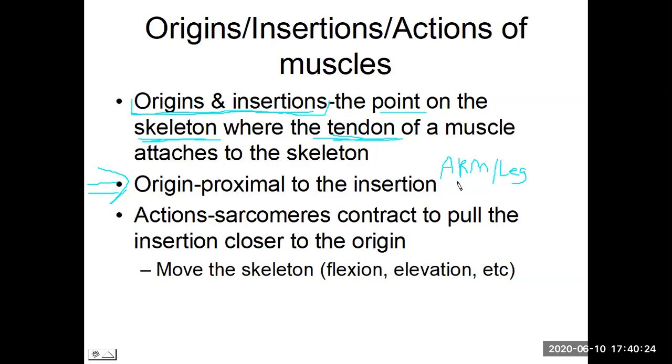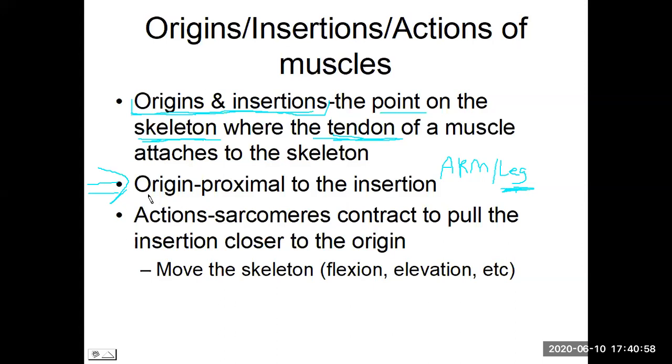So if we think about our leg, for example, think about your quadriceps muscle. The proximal tendon of the quadriceps muscle, this actually connects to your pelvis, to your coxal bone. That would be the origin, the proximal side. The insertion is distal, and the insertion for your quadriceps is actually all the way down to your patella and then on to your tibia.